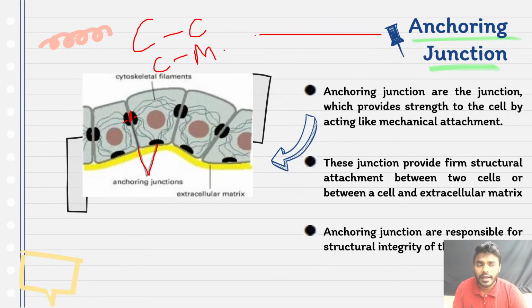The first point: anchoring junctions provide strength and act like a mechanical attachment. Anchoring junctions are responsible for the structural integrity of the tissue. They are present between cell to cell and cell to matrix.